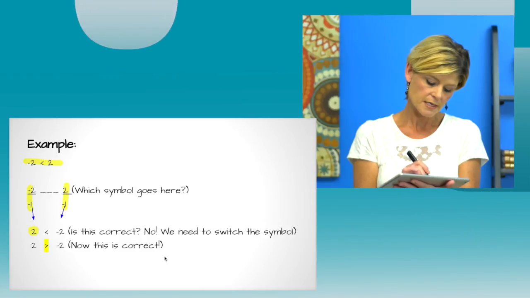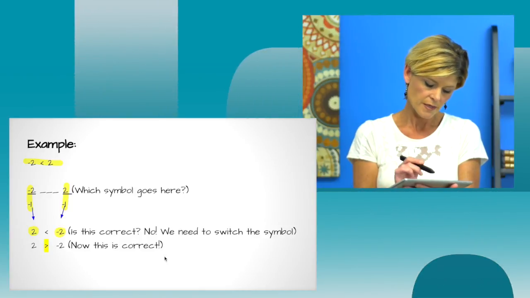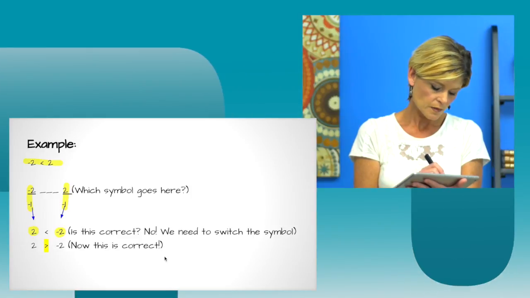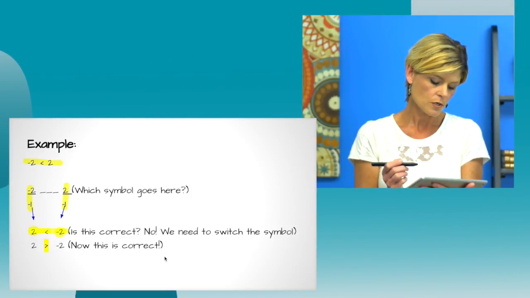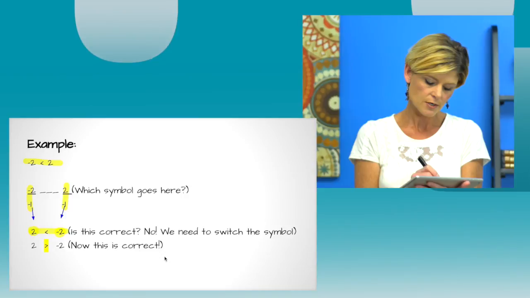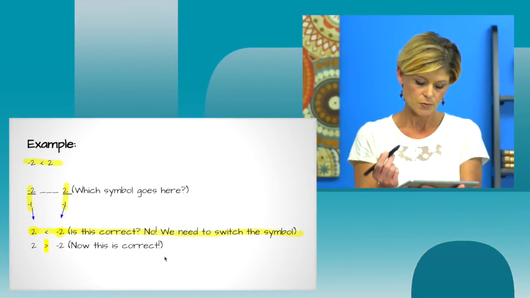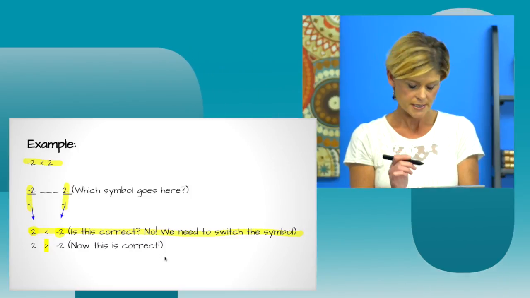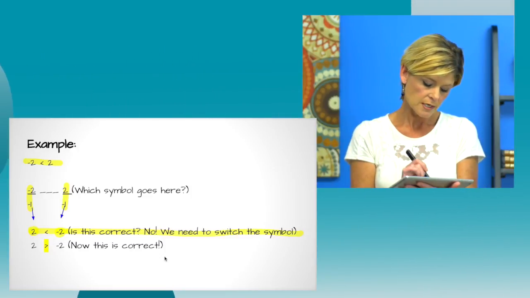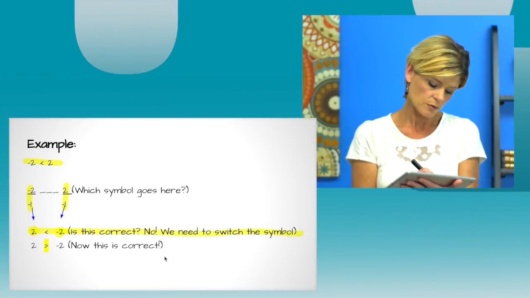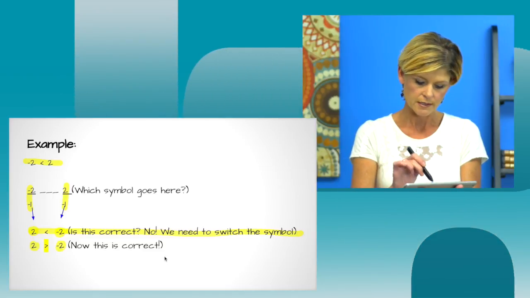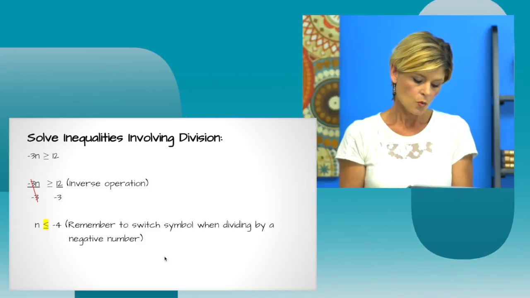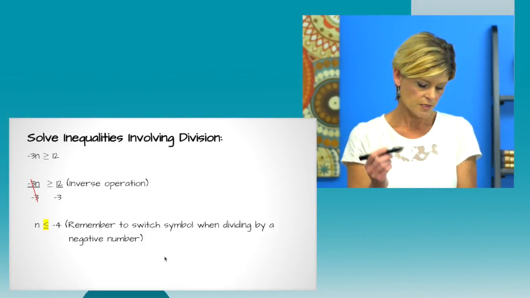And 2 divided by -1 is -2. If I don't switch that symbol, this inequality says 2 is less than -2. Is that correct? No, we need to switch the symbol. That's why we need to switch the inequality symbol when we're dividing by a negative number. Same with multiplication. So if I switch it, now that makes sense. 2 is greater than -2. Now that is correct.